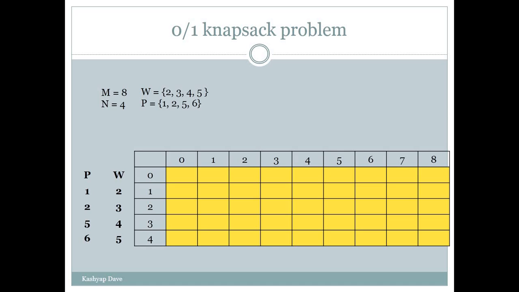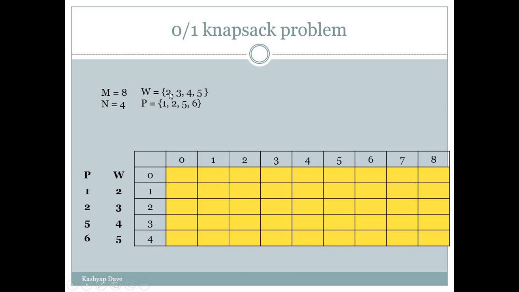So our container capacity is 8 kg, or 8 units, and N is equal to 4, which means the total number of items is 4. Here W and P are given. W is the different weights of the items and P is the respective values, or respective profits, of those items.